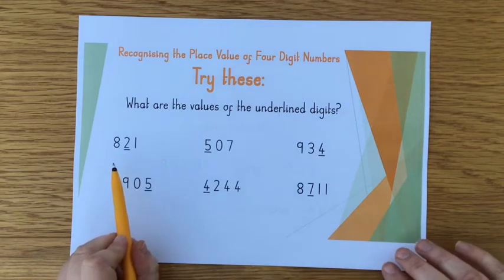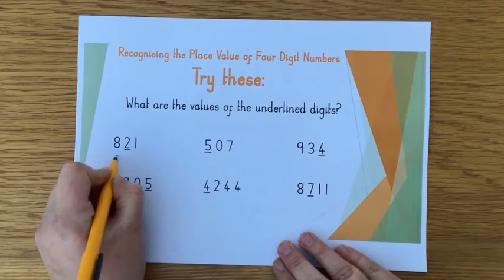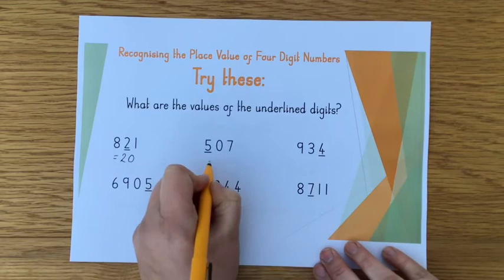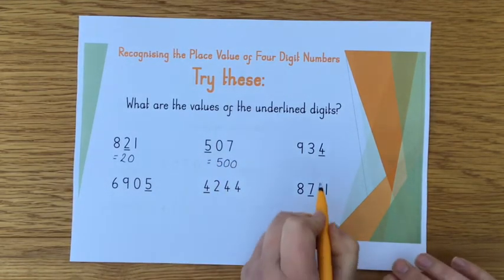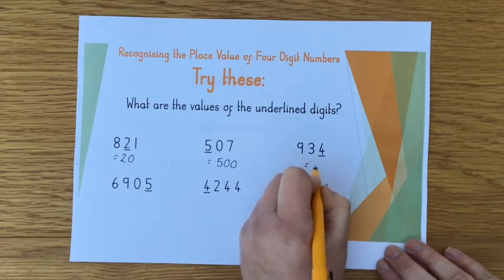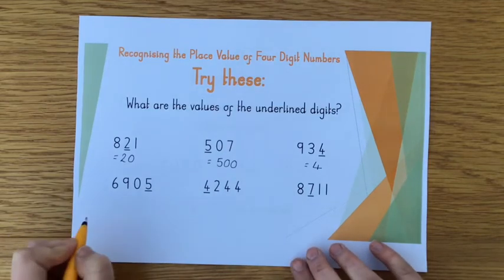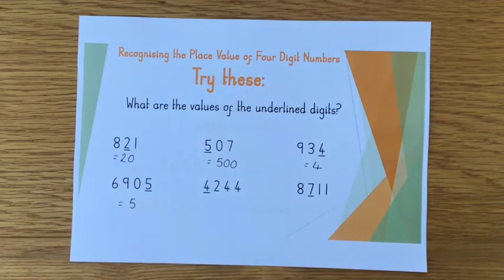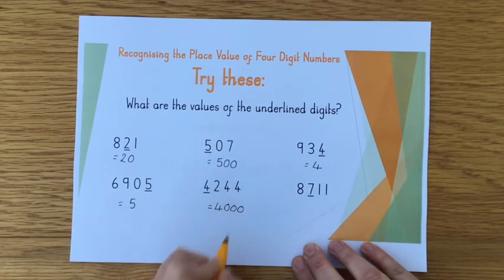Okay, 821, the value of the 2 in this number is 20. 507, the value of the 5 is 500. 934, the value of the 4 is just 4 on its own. 6905, the value of the 5 is 5. 4244, the value of the 4 is 4000 in this number.